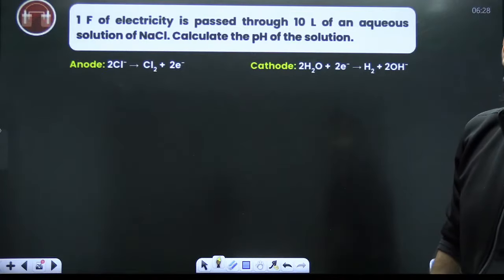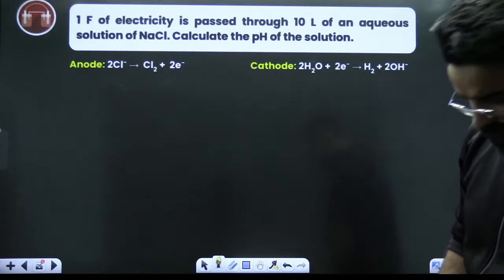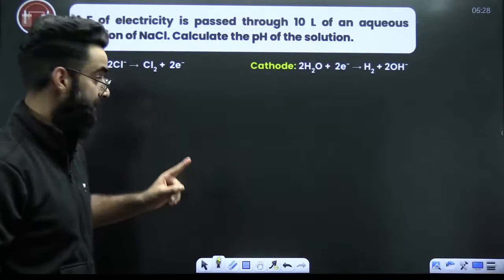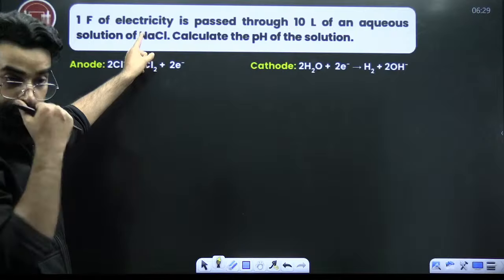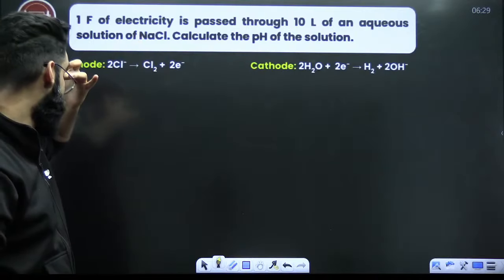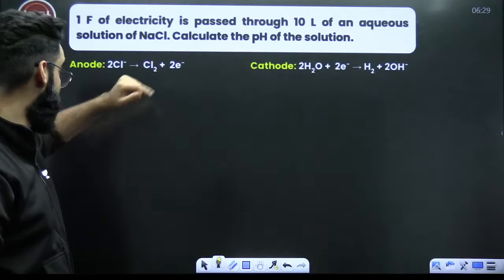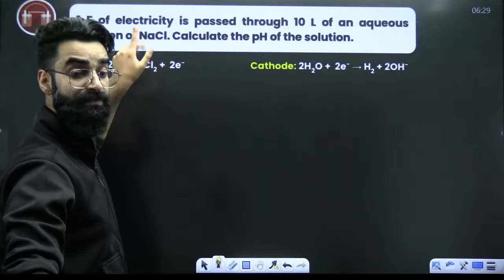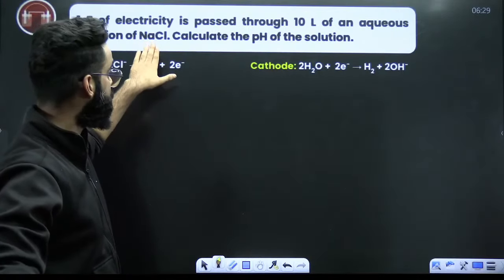The question is very simple. 1 farad of electricity is passed through 10 liter of an aqueous solution of NaCl. So as per the question, you are doing the electrolysis of aqueous NaCl.